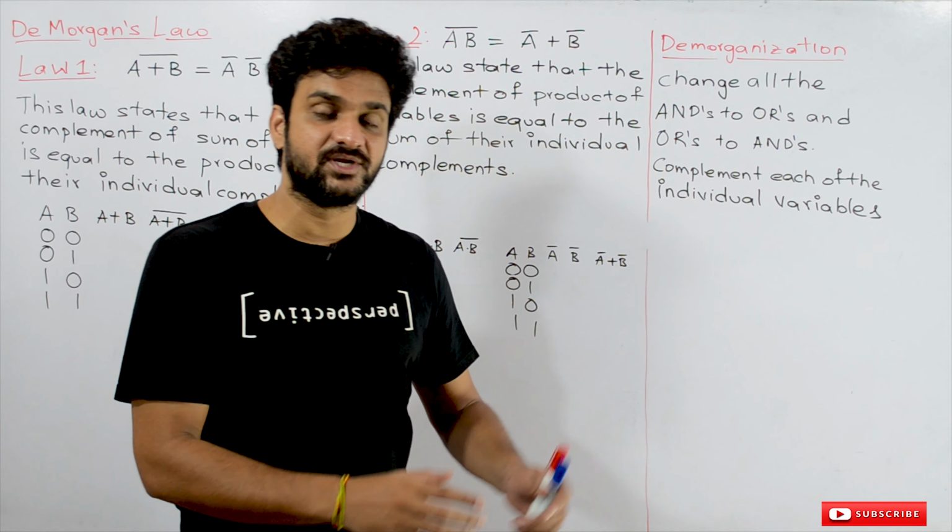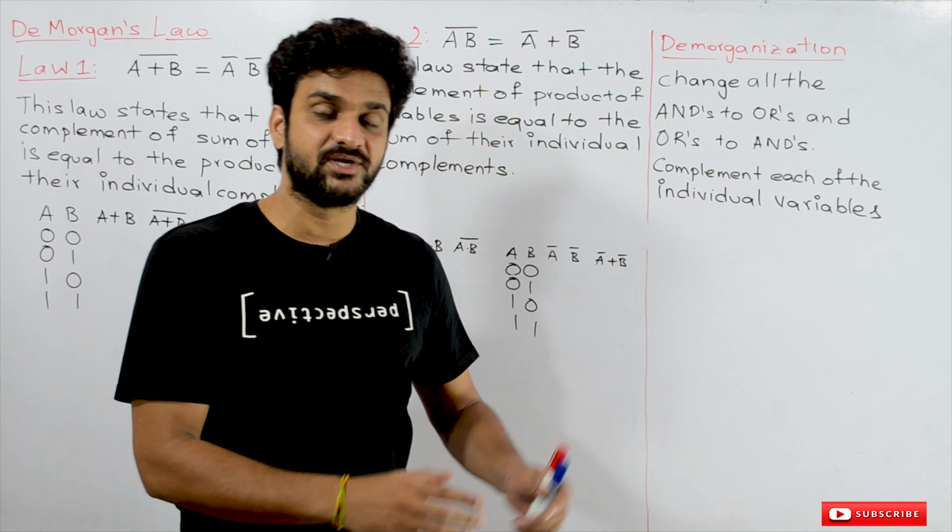We will try to verify that by using this truth table. First A dot B means AND, which is equal to 0 0 0 1, and the complement of it is 1 1 1 0. Similarly, the complement of A is 1 1 0 0, and the complement of B is 1 0 1 0.